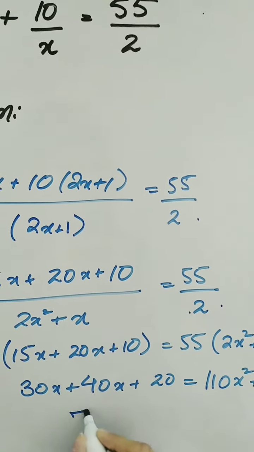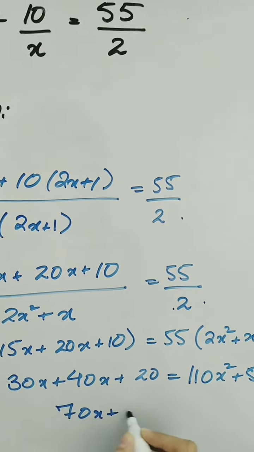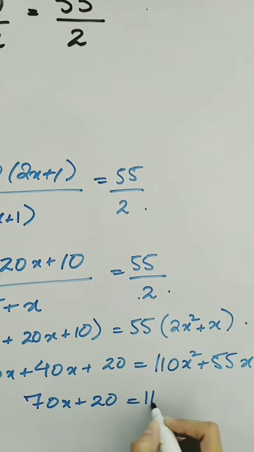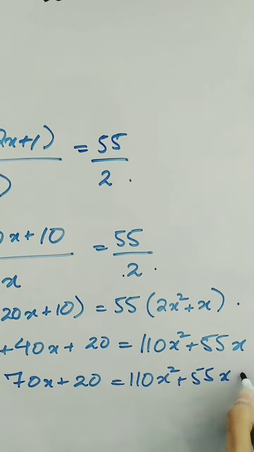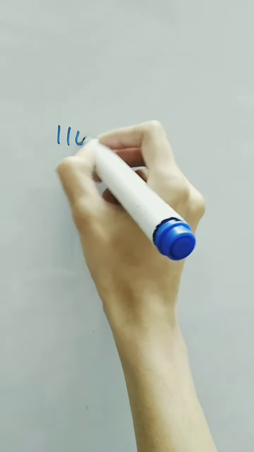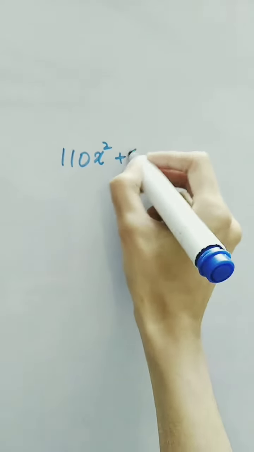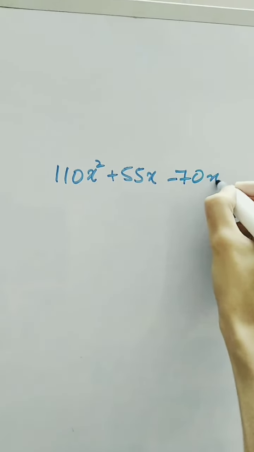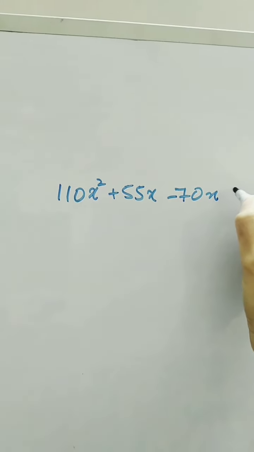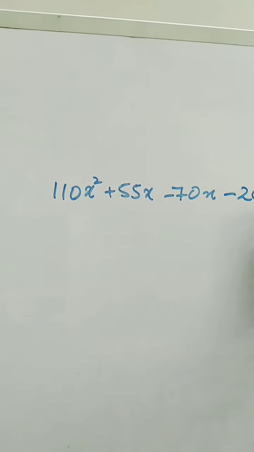Now we have 70x plus 20 is equal to 110x square plus 55x, or we have 110x square plus 55x minus 70x minus 20.